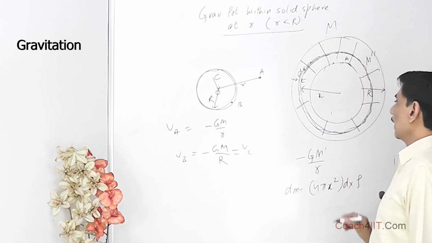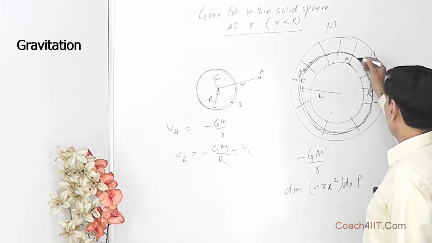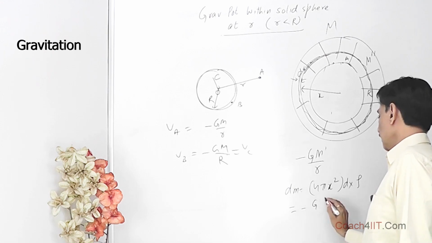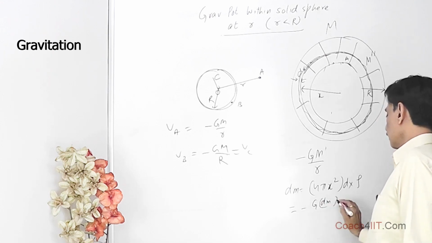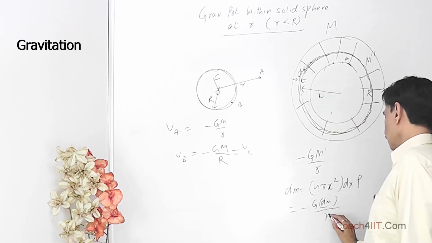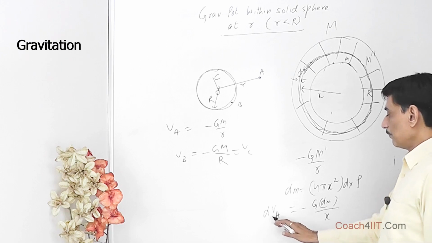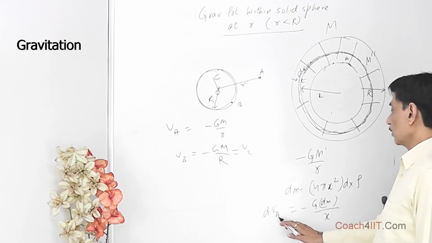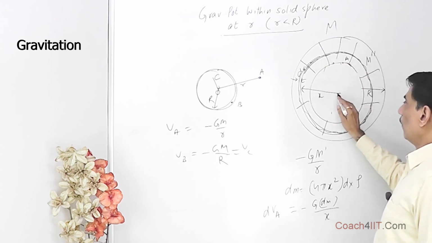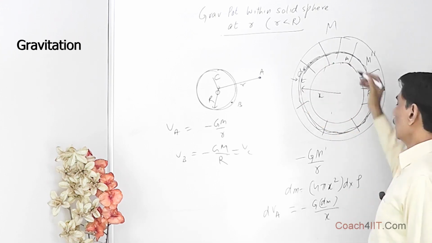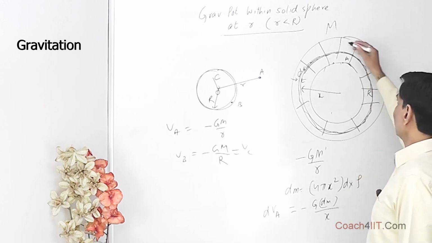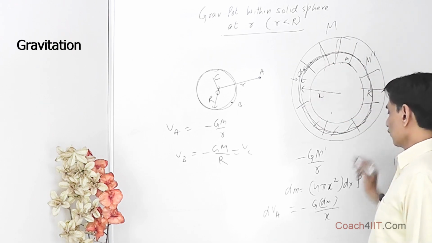The gravitational potential because of this is minus G dm upon x, whatever its radius is. This is the differential element of potential at point A because of this thin shell of radius x and thickness dx. And to find the total contribution towards potential by this outer mass, we integrate it.